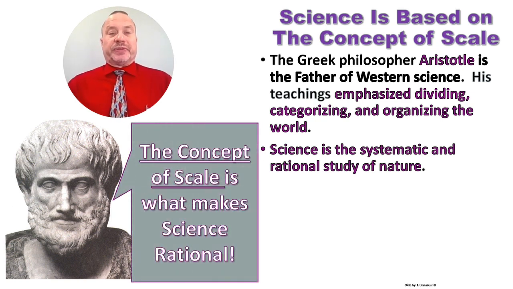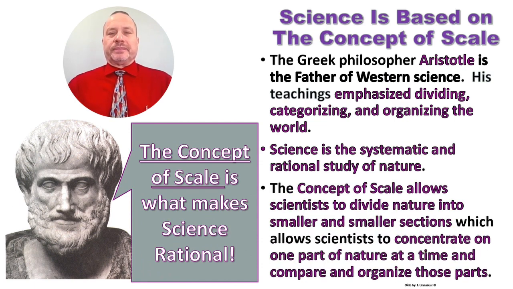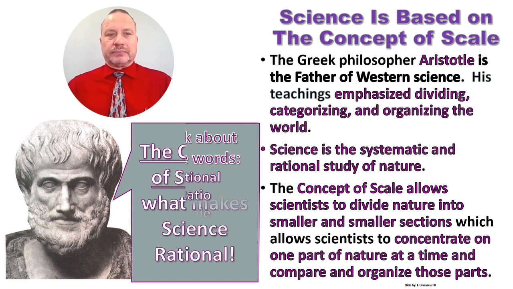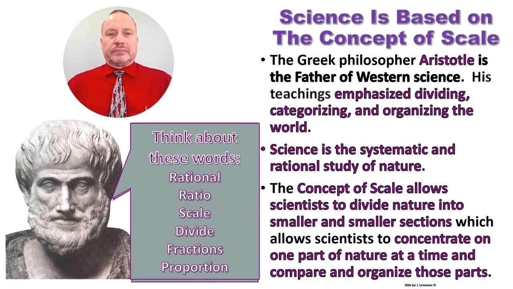So the concept of scale is what makes science rational. The concept of scale allows scientists to divide nature into smaller and smaller sections, which allow scientists to concentrate on one part of nature at a time and then compare and organize those parts. Think about these words for a minute.